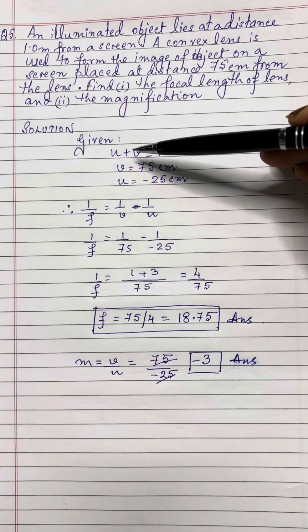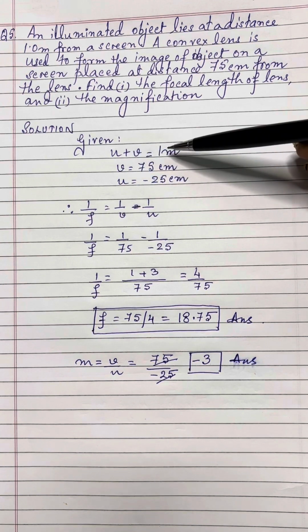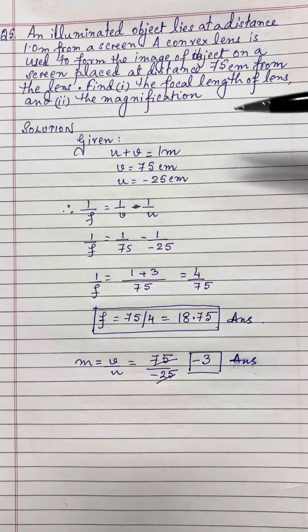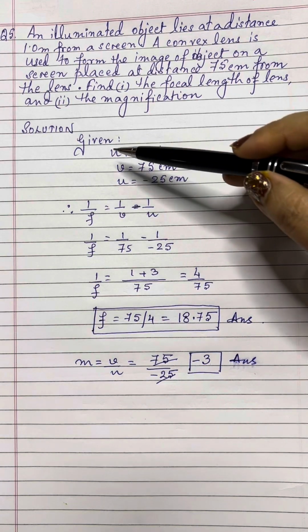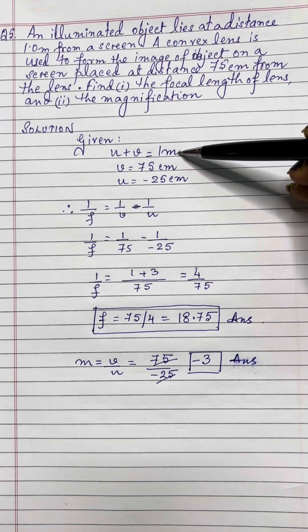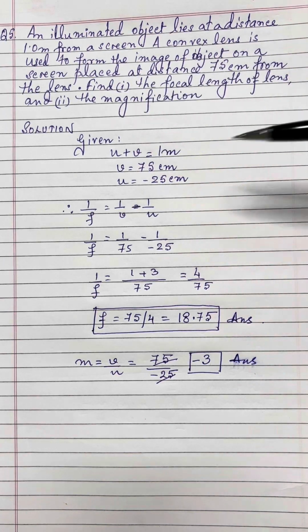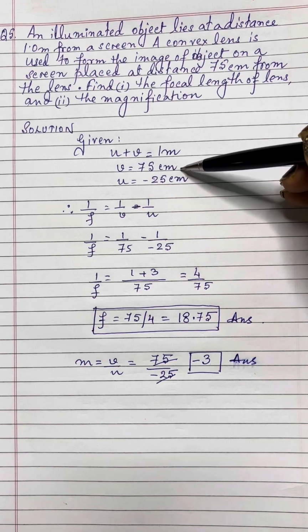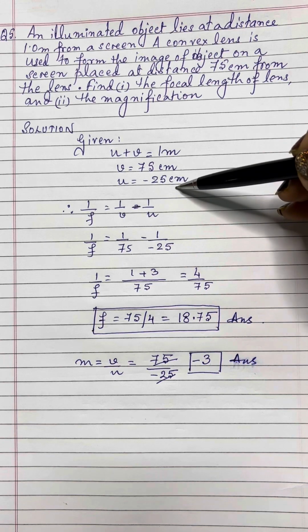Now, the solution is that first of all, let us see what is given to us. U plus V is given to us first. The value of the object distance plus the image distance is given as 1 meter. Then the V is given as 75 centimeter. Then the U becomes minus 25 centimeter.